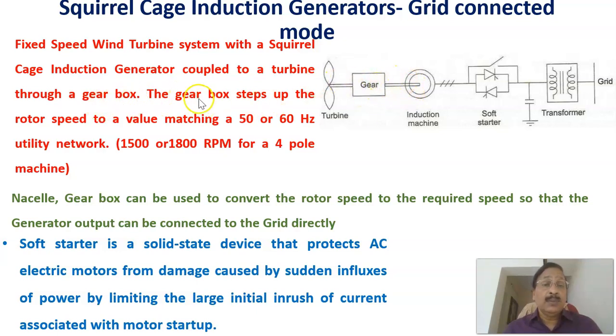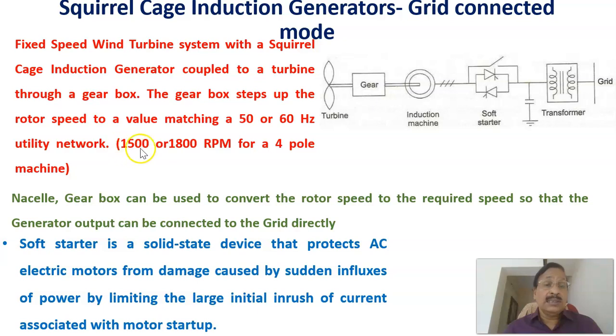The gearbox steps up the rotor speed to a value matching a 50 or 60 hertz utility. Therefore, that is connected to the grid. That speed change is done by the gearbox mechanism.